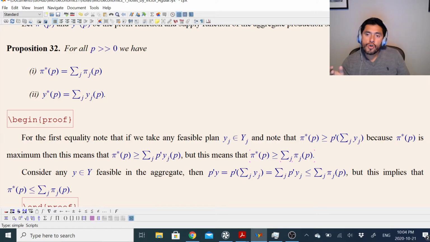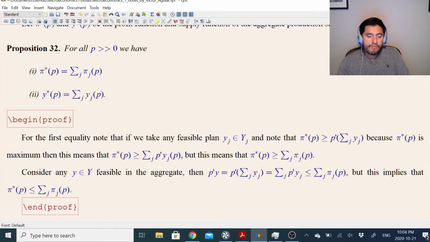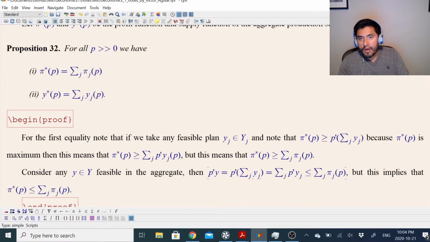Now we have to show that the reverse weak inequality holds, therefore proving equality and therefore proving item number one. So for the second part, consider any production plan Y that is feasible in the aggregate. Then I know by definition that P times Y is equal to P times the summation of Yj, which are the productions in each firm, because that's the definition of this aggregate set.